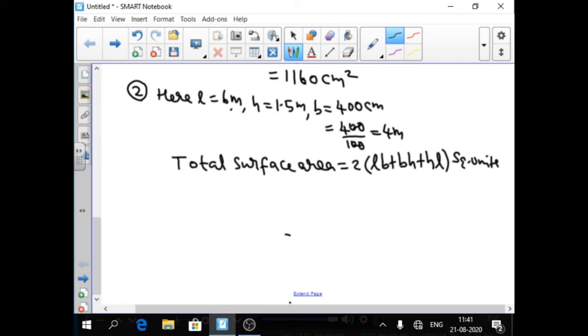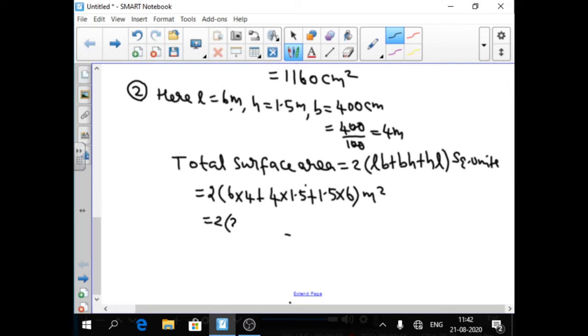Substitute the values in the brackets: length is equal to 6 meter, breadth is equal to 4 meter, height is equal to 1.5 meter. So multiply the values. 2 times of, and the squared units means meter square.